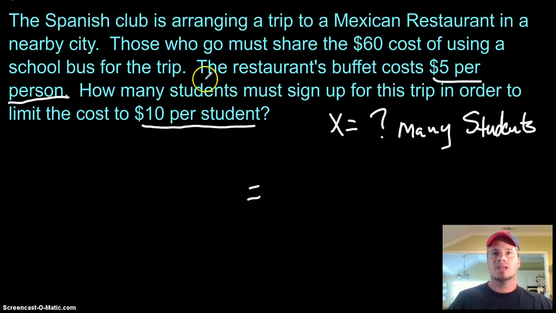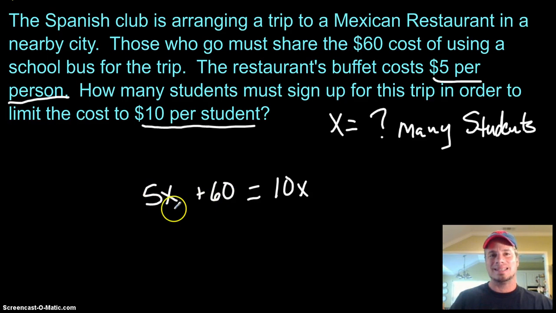What they're saying is, when is this up here equal to $10 per student? Well, $10 per student is 10X. Now this other, I have a one-time fee of $60, and then the buffet is $5 per person, or 5X. So they're saying, how many students must go so that this is equal to this? And that's all they're asking. Again, the rates are multiplied to something.